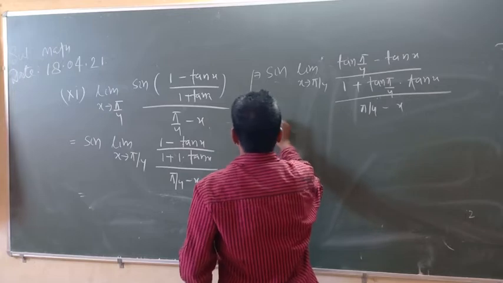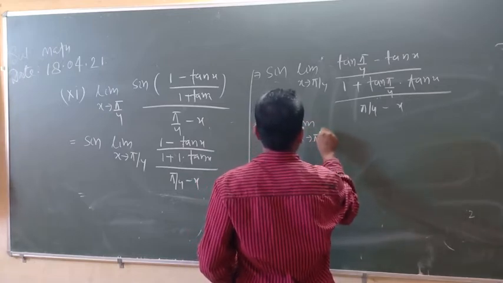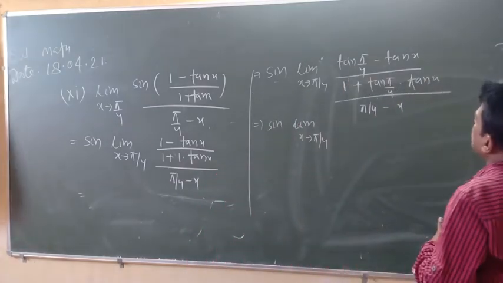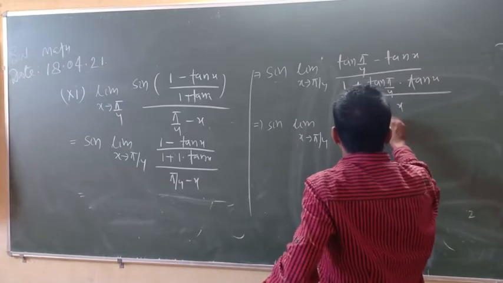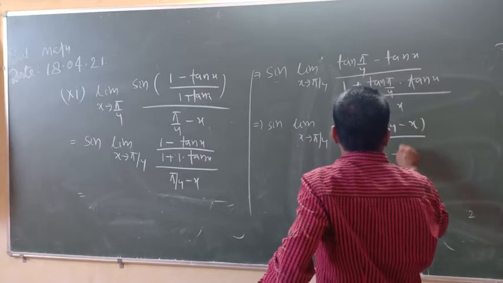You remember why I have used tan pi by 4 in place of 1. Now tan a minus tan b whole divided by 1 plus tan a into tan b is the tan a minus b formula, that becomes tan of pi by 4 minus x divided by pi by 4 minus x.